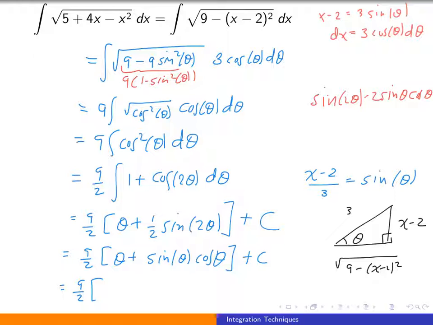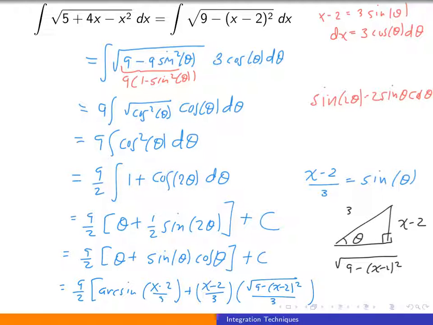Theta, looking at the relationship between x and theta, will be the arc sine of x minus 2 over 3, plus sine of theta, which we know is x minus 2 over 3, times cosine theta, which looking at our right triangle should be adjacent over hypotenuse. So square root of 9 minus the quantity x minus 2 squared all over 3, and this is all plus c.